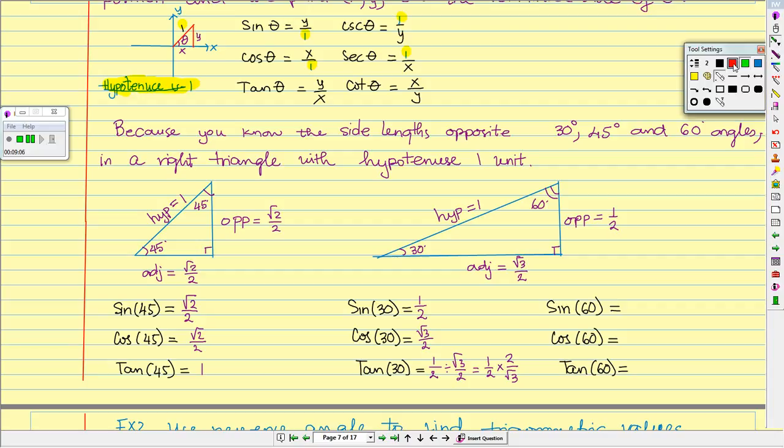Now after I multiply by the reciprocal, I'm going to divide the 2 out, so the 2 is gone. My answer is 1 over square root of 3. But since you have square root of 3 in the denominator, you are going to do one more step, which is called rationalize the denominator. So you multiply by square root of 3 on both, and you end up with square root of 3 over 3.